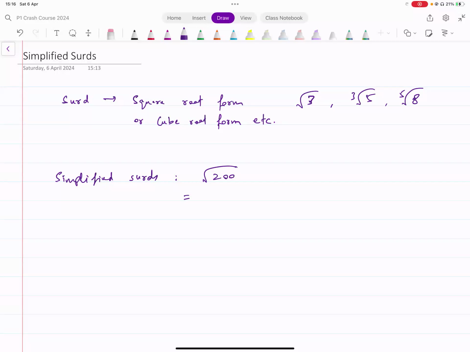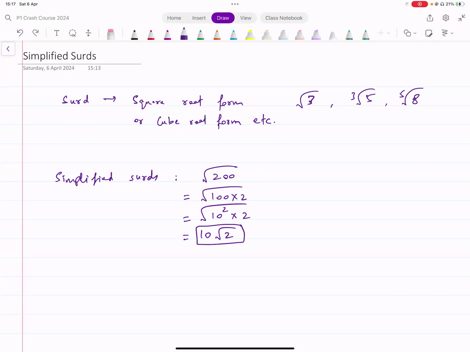What you're going to do is, you're going to break this surd down into two parts, 100 into 2. And then 100 could be written as 10 squared. So you have 10 squared into 2. Now 10 squared and square root, they get cancelled. And you're left with just 10 outside. And inside you have square root of 2. This is called a simplified surd.